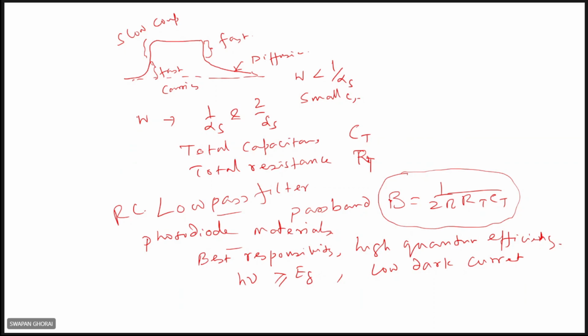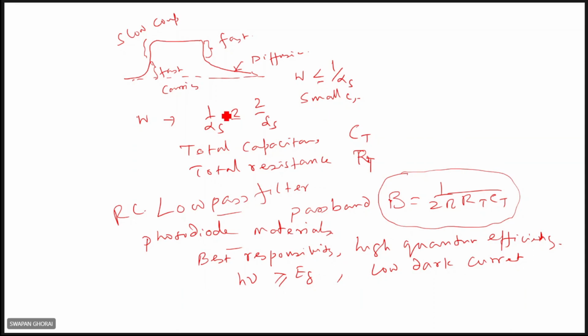Here, for a very thin depletion layer, W is less than or equal to 1 by alpha s, the effective absorption coefficient, and the capacitance value is small.